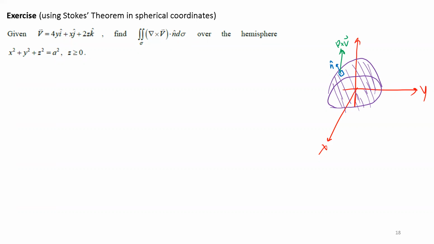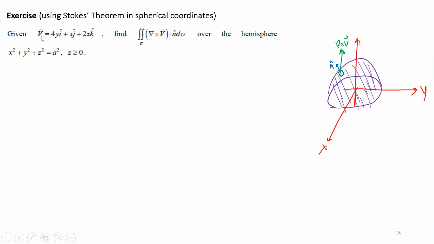Because I'm asking you to integrate over a hemisphere, you expect that it'll be easier to use spherical coordinates when we do the integral. However, I give you the vector field in Cartesian coordinates.